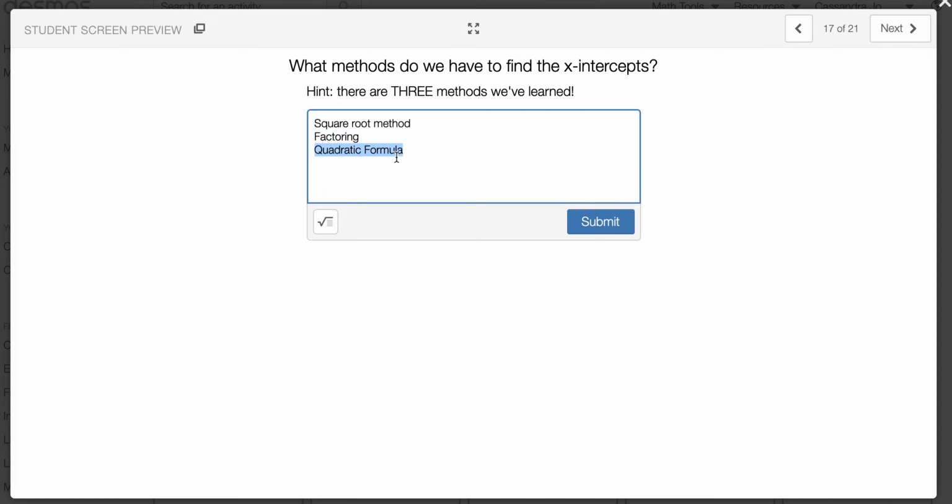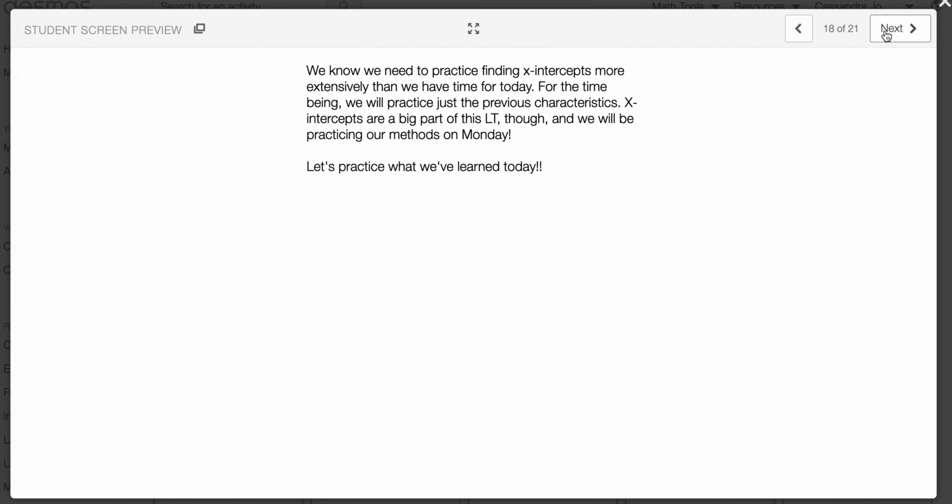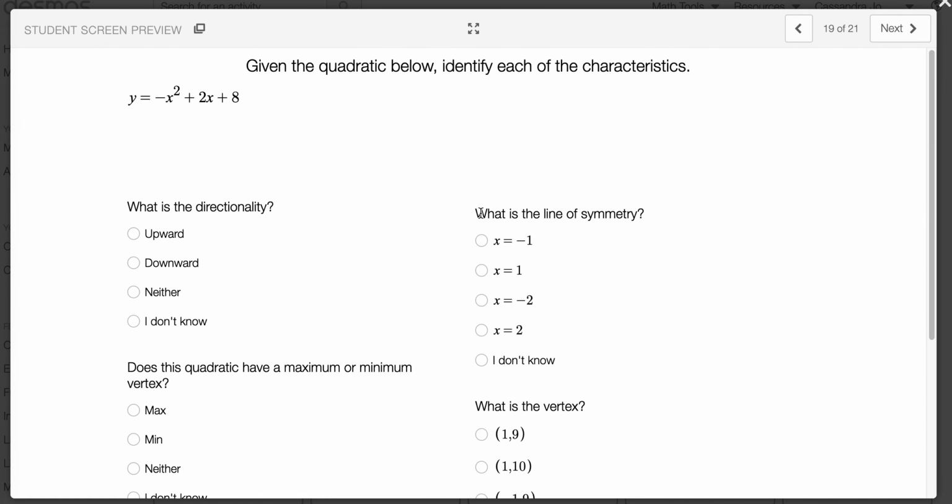And if we can't factor, we want to use the quadratic formula. The x-intercepts need more time, so we're going to spend our next lesson working on just the x-intercepts. For now, we're going to look at how we put all this together. After we do the x-intercepts, there will also be a question on here, so it's going to be all of this stuff plus the x-intercepts.